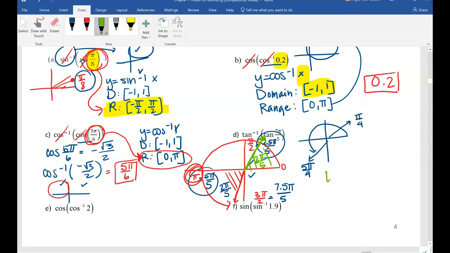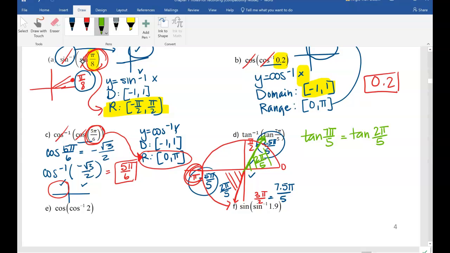Erasing the known angle here. Give me a second to erase. I need more space. I'm explaining a lot because this question is by far the most difficult. So tangent of 7 pi over 5 is identical to tangent of 2 pi over 5.